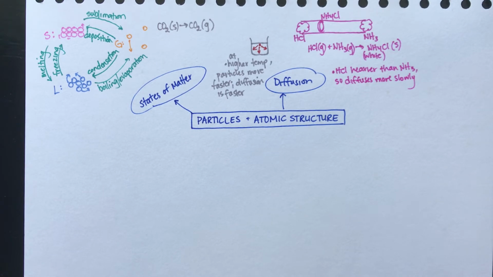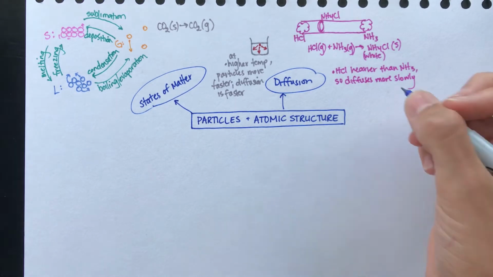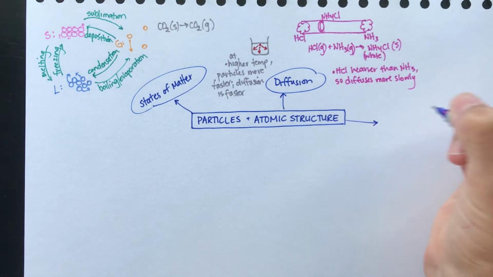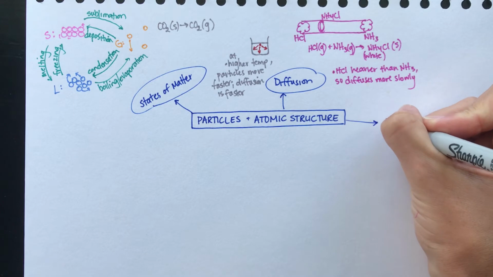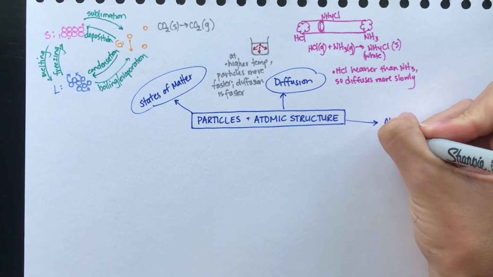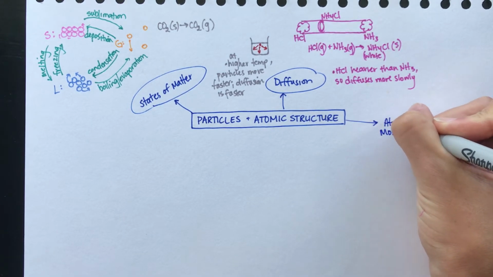Next thing we did was pure substances and how to class their particles. So let's draw a few of those. Okay, I'm going to call this atoms, molecules, and compounds.